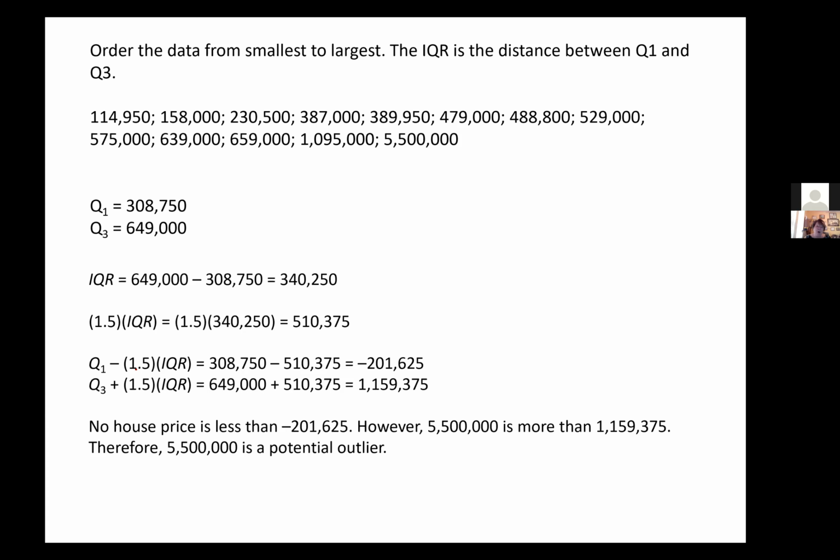Or if I have a home price, a real estate price that's above the 1,159,375, that's potentially an outlier also. And as you can see, I have a $5.5 million real estate value. So that is possibly an outlier.